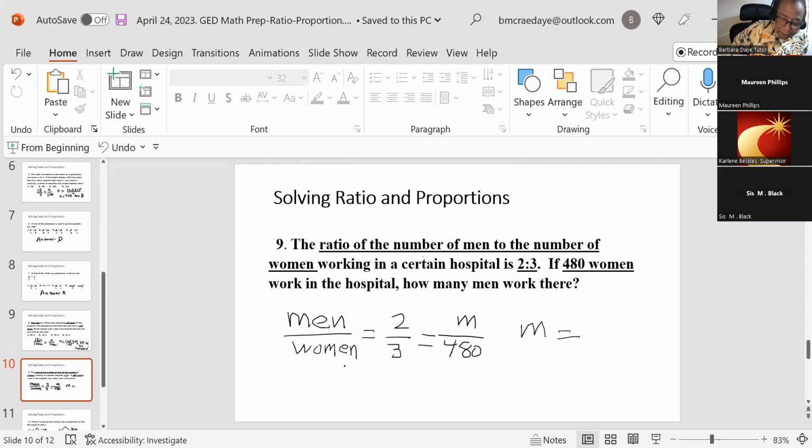So M is equal to 320. What did you get, Maureen? What was your answer? Oh, I get 960. So what is M? Number of men, 320.